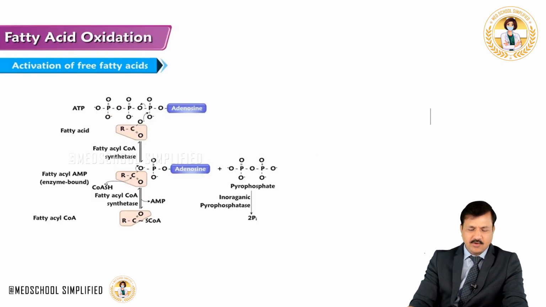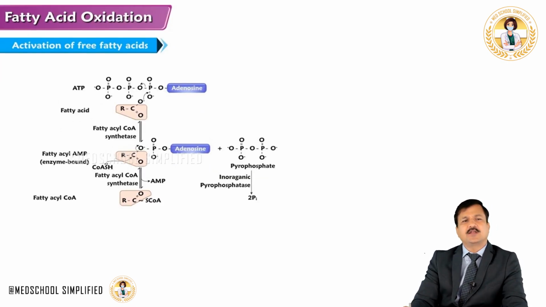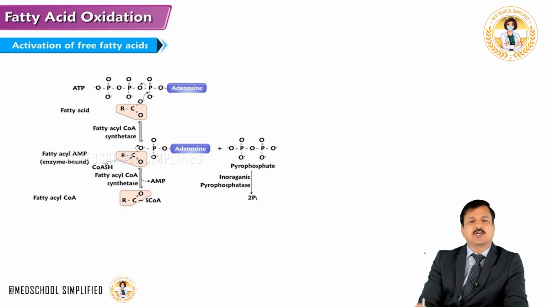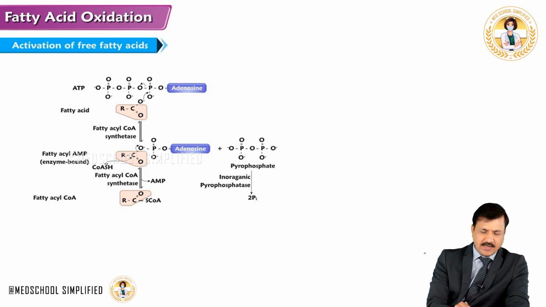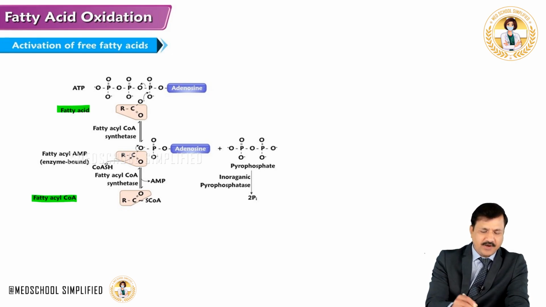Now, here is how fatty acids are activated. The figure here is showing activation of fatty acid. Now the fatty acid has to be attached with CoA to activate it. So here is the fatty acid and this is the activated fatty acid, that is fatty acyl-CoA. So how is fatty acid converted into fatty acyl-CoA?